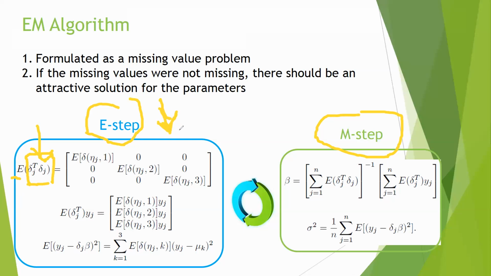I'm not sure if I made it clear. So initially, this is a missing value problem, right? So we cannot use the simple maximum likelihood estimation to do the estimation.